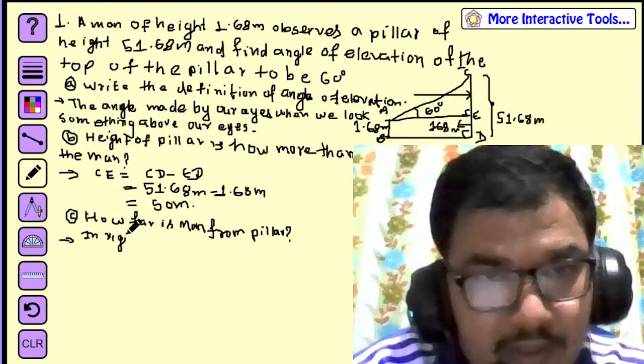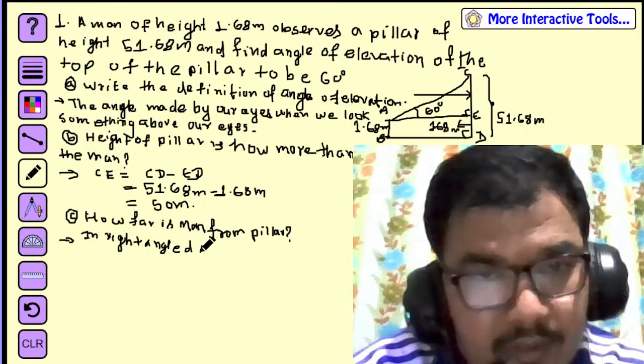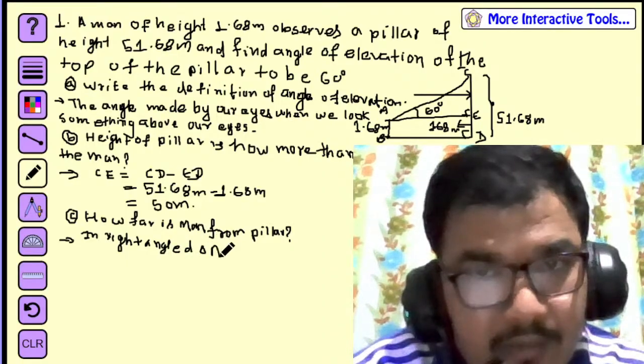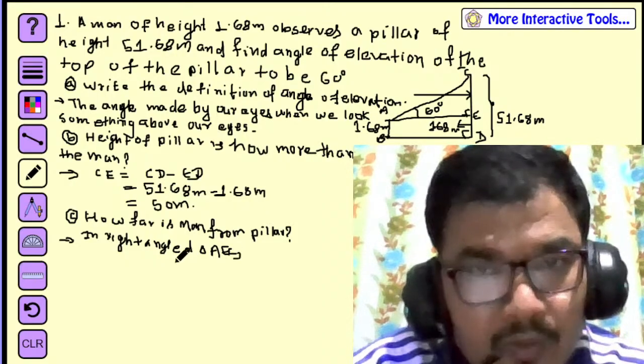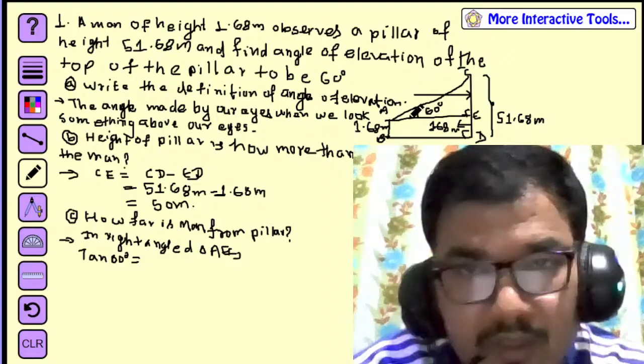That's why in right angled triangle AEC, we know that angle is 60 degree. That's why tan 60. We know tan ratio is perpendicular by base. Tan 60 equals perpendicular by base.